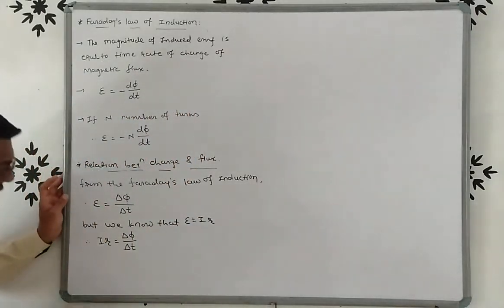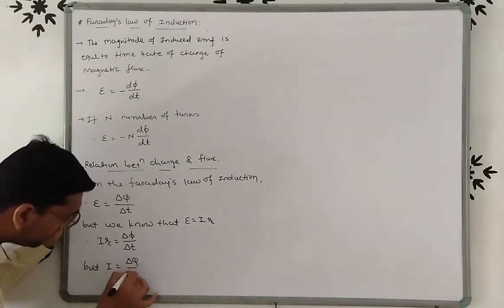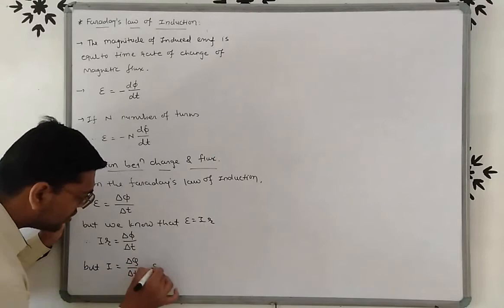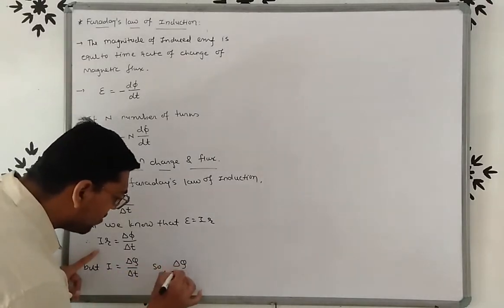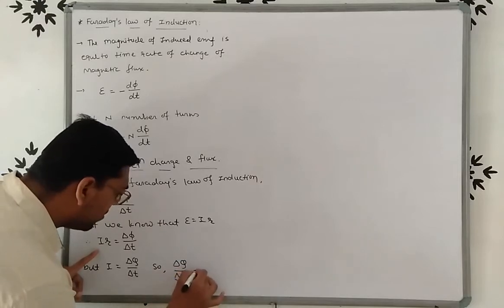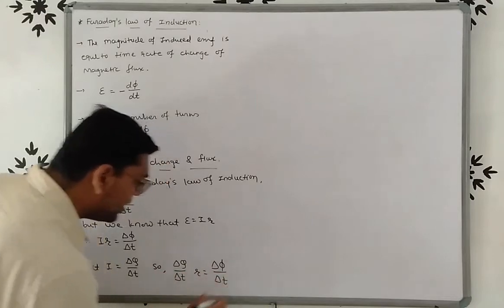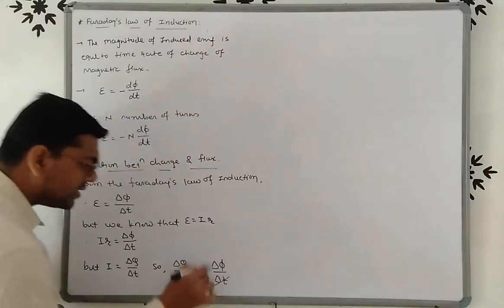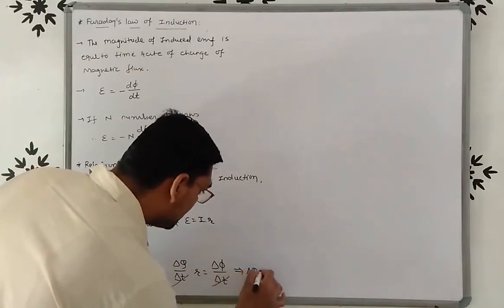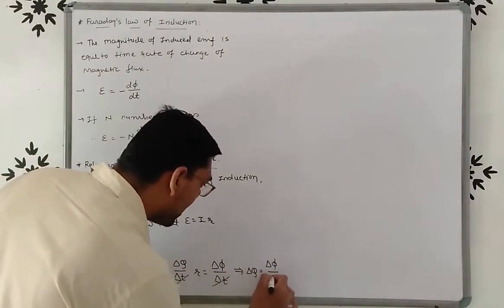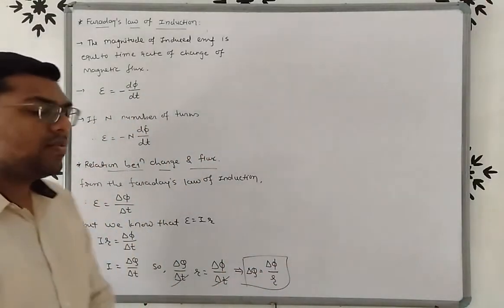So instead of I, we write delta Q by delta t into R equals delta phi by delta t. Here delta t cancels, so delta Q equals delta phi by R. So this is the relation between charge and flux.